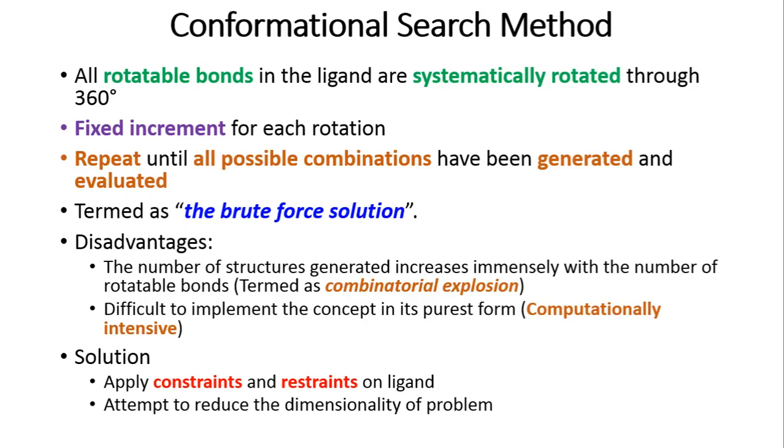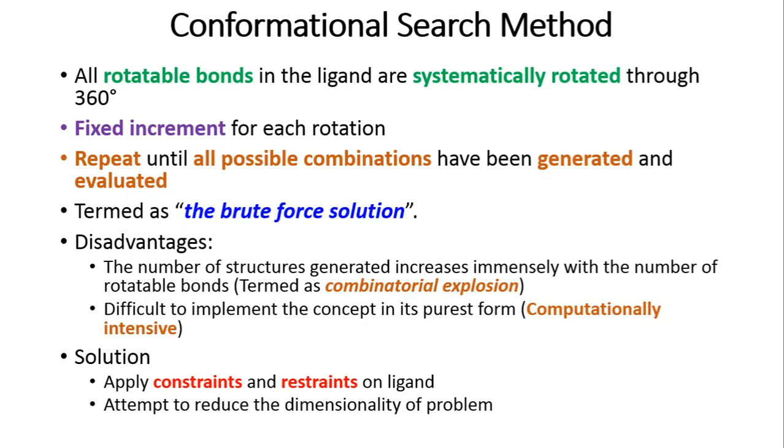Okay, so this is how you try to reduce the dimensionality of the problem of figuring out all the possible rotations and fixed increments. So the combinatorial explosion problem can be solved to some extent. You can somehow reduce the dimensionality of the problem.